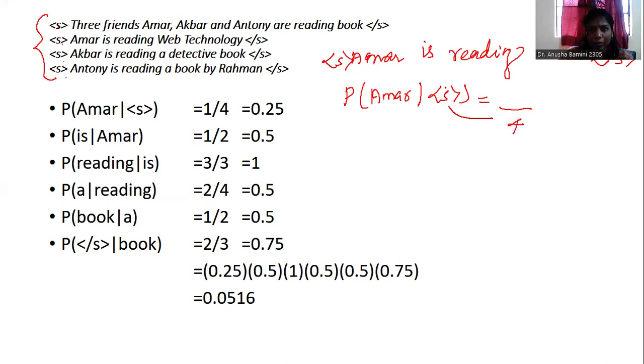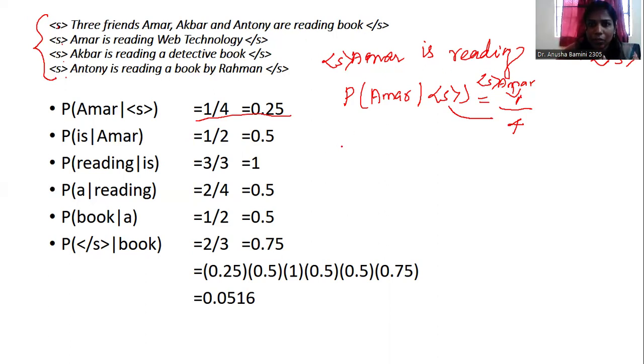Then how many times does Amar come with the start string? The start string with Amar is coming only one time. 1 by 4. So the answer is 0.25. So this is how you have to write the probability statement for each and every word one by one.